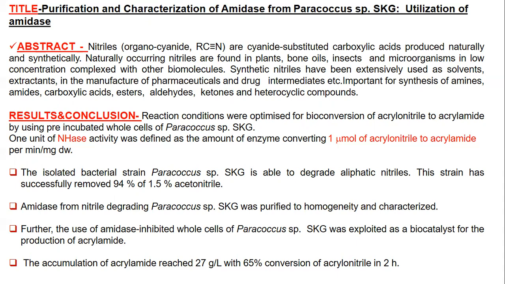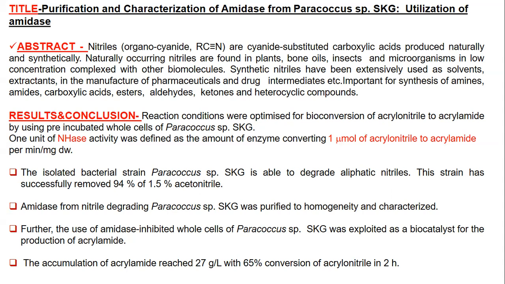Now, for the results and conclusions, first they optimized a few reaction conditions for conversion of acrylonitrile to acrylamide by using pre-incubated whole cells of Paracoccus species. Then they defined 1 unit of nitrile hydratase activity as the amount of enzyme that converted 1 micromole of acrylonitrile to acrylamide per minute per mg dry weight.